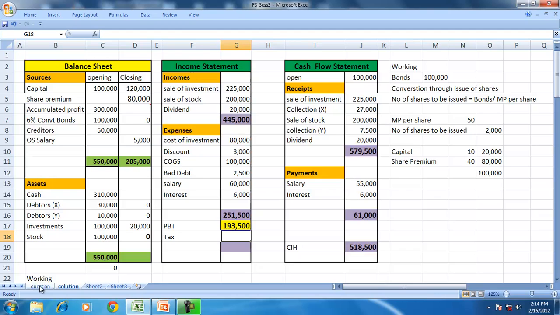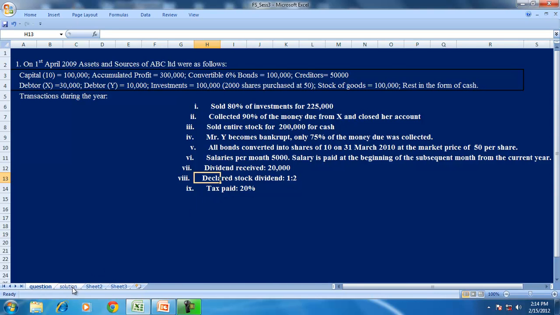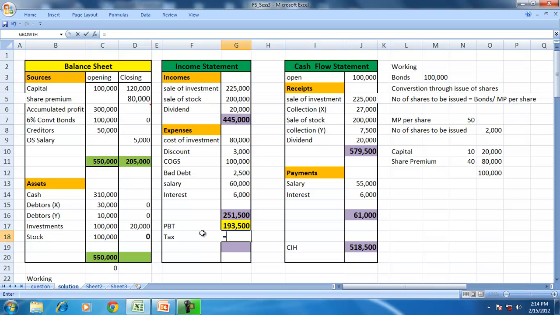We are given here that tax is 20%, so tax is 0.20, so 38,700. Let us assume that we paid that tax, so PAT is 193 minus this, so 154,800 is the profit after tax.